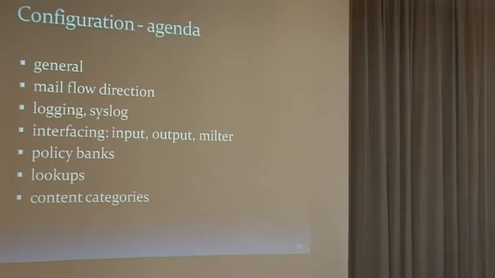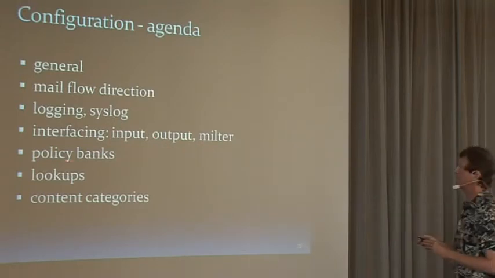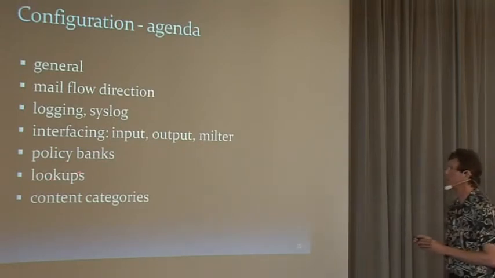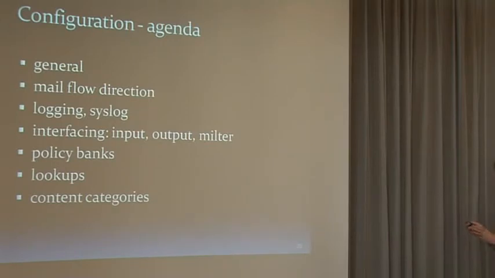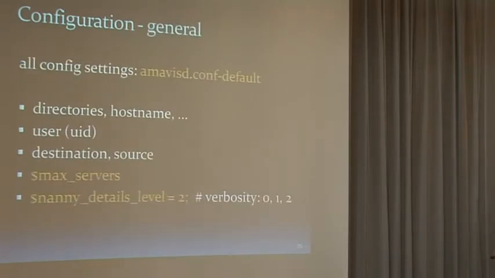Some hints on logging, on syslog configuration. We'll mention how to specify where mail comes in and where it goes out, and some other variant of it. We'll touch policy banks, lookups, content categories.